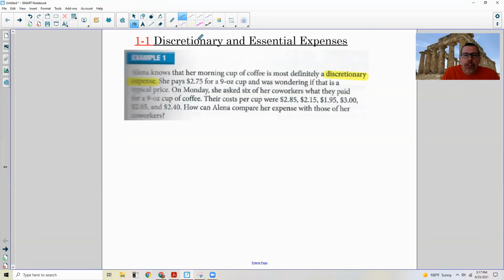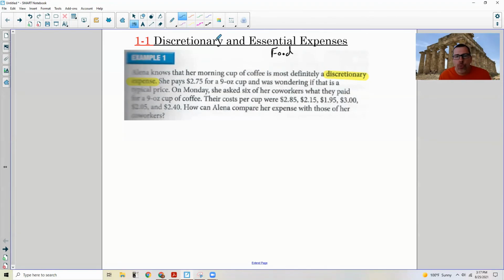All right, what is the difference between discretionary and essential? Well, an essential expense, for example, would be food. We need to eat, okay? Can't live without food. So you go to the grocery store, you buy food. That is an essential expense. A discretionary expense is an expense that you don't need, okay?